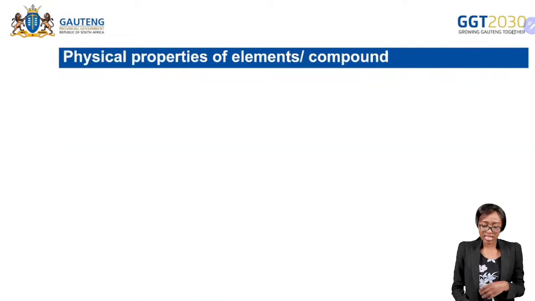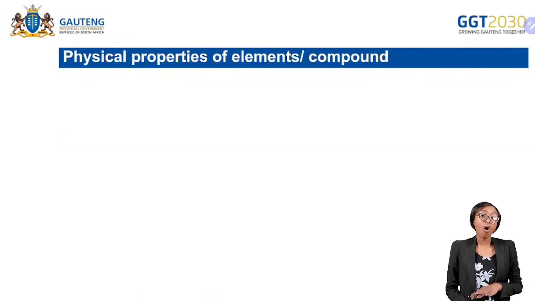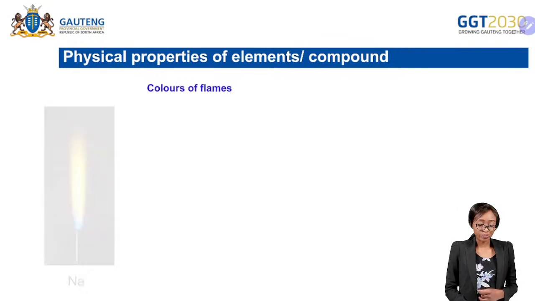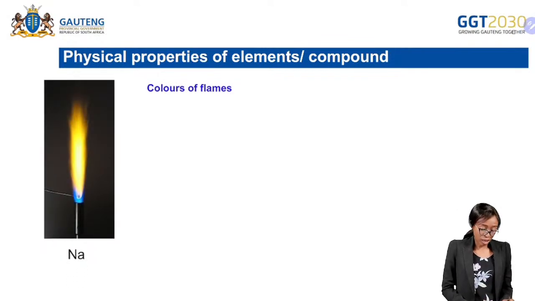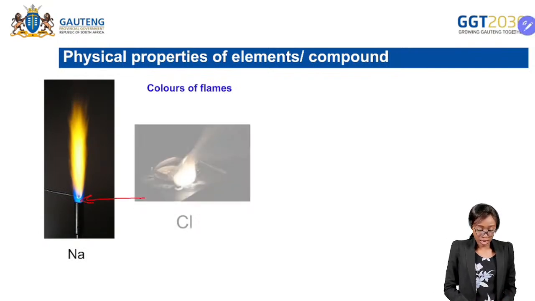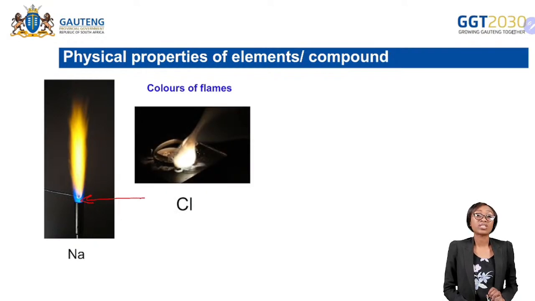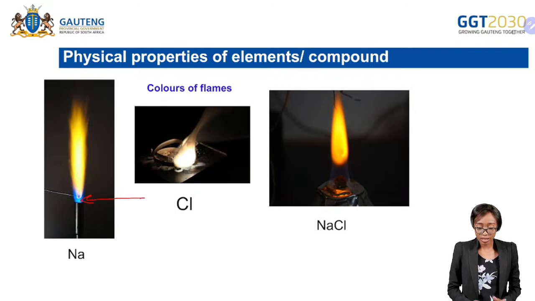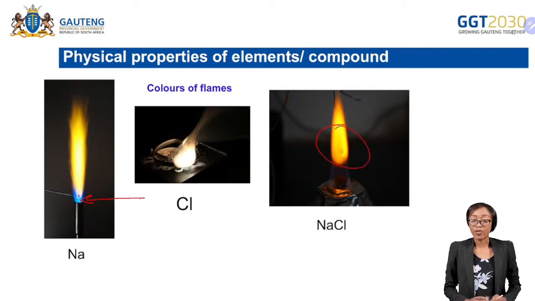Let's look at the different physical properties of sodium, chlorine, and sodium chloride, for example the colors of their flames, how they burn. Firstly, sodium burns, do you see there's a blue flame there? That's how sodium burns. And then we have chlorine. Chlorine burns with a bright white flame, whereas sodium chloride burns with a yellow flame. So you see the different properties.